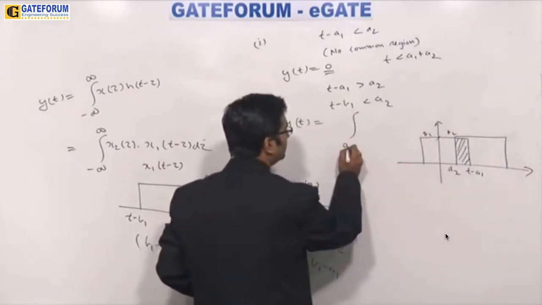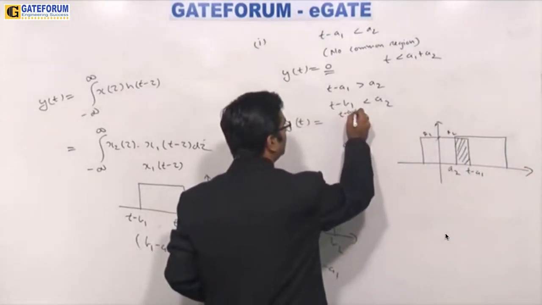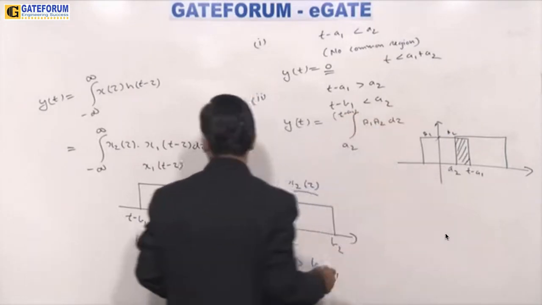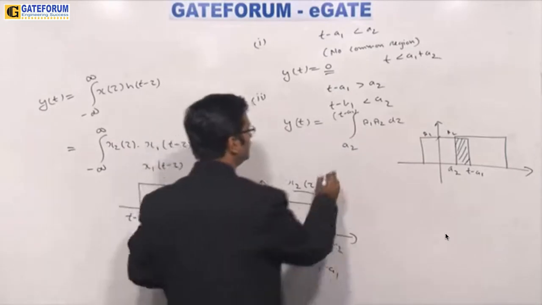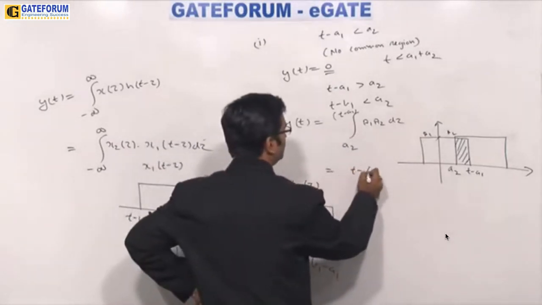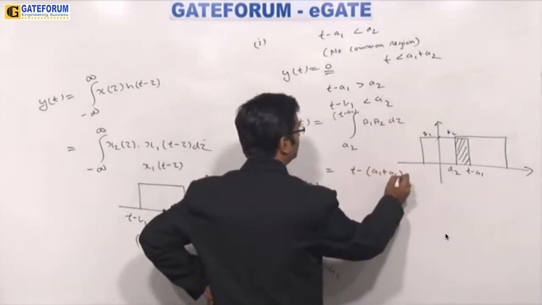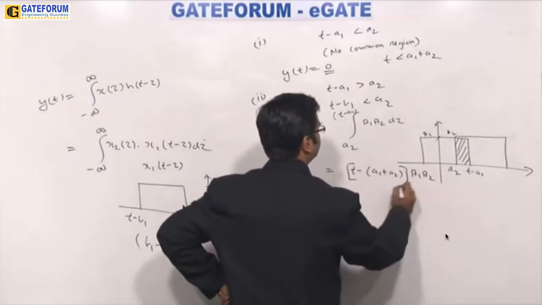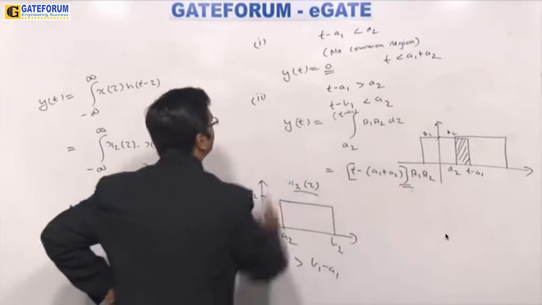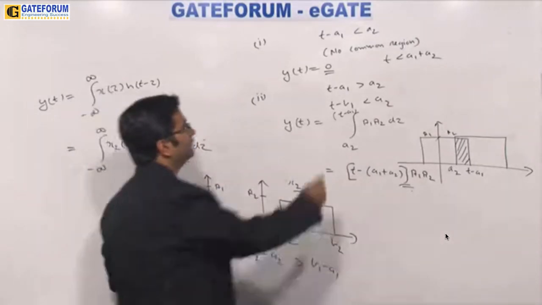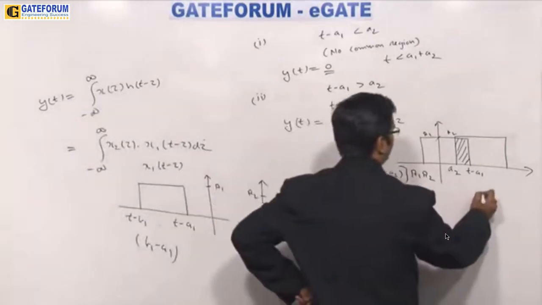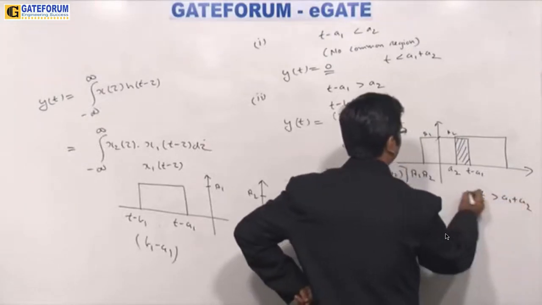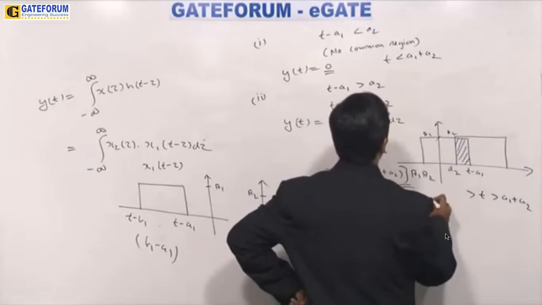So I can write this integral as a1 a2 d tau, because the value of this is a1, value of this is a2, so this becomes t minus a1 plus a2, a1 a2. This is y of t for the second case. This will be for this range of t, greater than a1 plus a2 lesser than a2 plus b1.